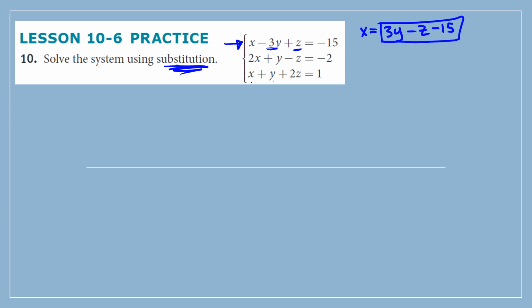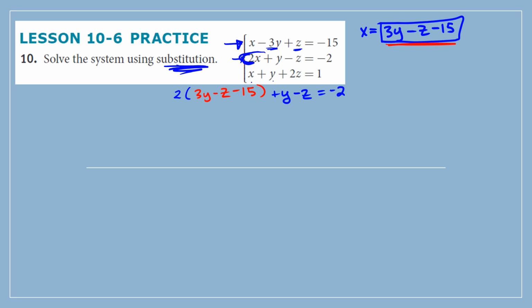So if I plugged that into this second equation here, I would have 2 times x, and x is now this stuff here. So 2 times (3y minus z minus 15) plus y minus z equals negative 2. I'm using this second equation and replacing x with what I got x to be.